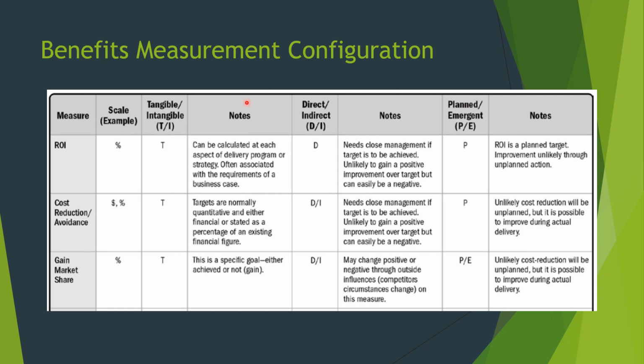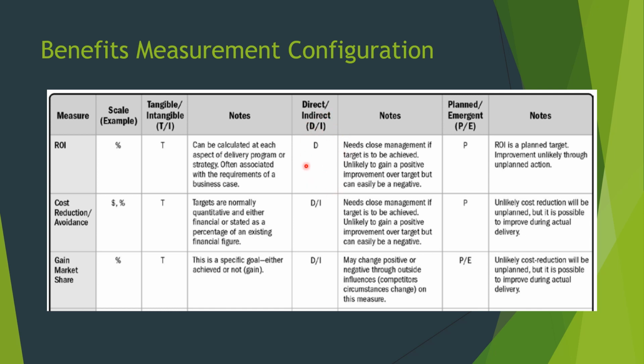Let's look at the benefit measurement configuration. If we look at ROI as a measure, it will be represented as a percentage increase, such as 10% or 20% on investment. It is tangible, and this BRM metric can be calculated for each aspect of the delivery program, often associated with the requirements of a business case.